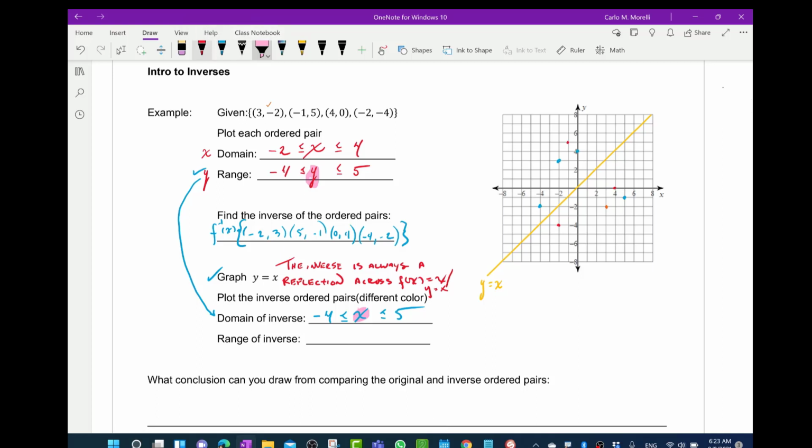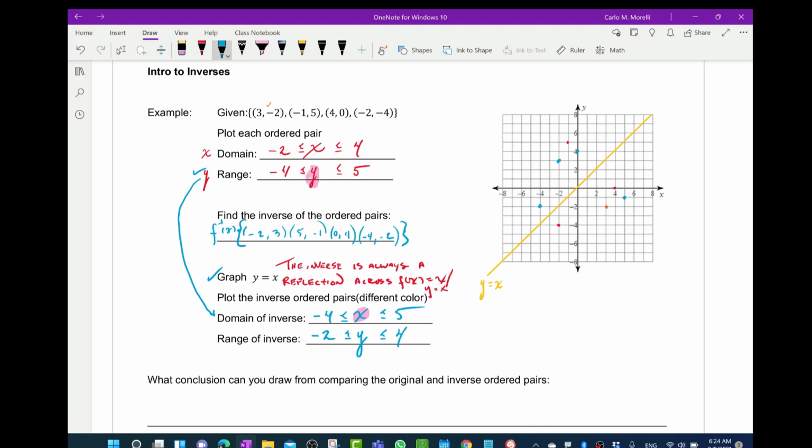Now the range of the inverse should be the domain of the original, so let's check and make sure that's true. What is the lowest value of the range of the inverse? That would be -2, less than or equal to y, and it should be 4. Yep, the top number is 4, less than or equal to 4.